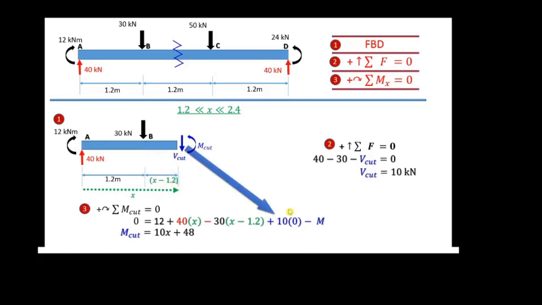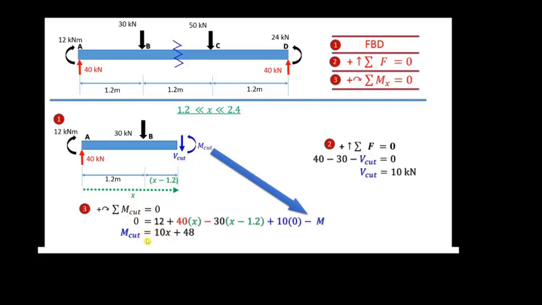Then our 10 we cut here, the value is coming from here, multiplied with 0, the distance is 0. The last one is our moment here, a negative M, because the direction is against what we have declared.